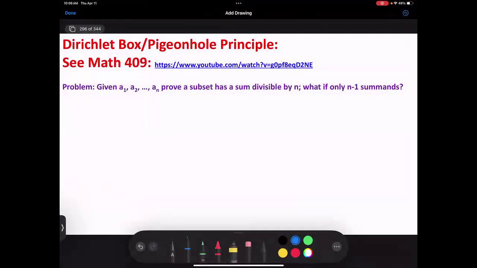And in a situation like this, what if we only had n minus 1? Can anybody give me possible choices of the values of a1 through an where all sums are not going to be divisible by n if I only have n minus 1 items?